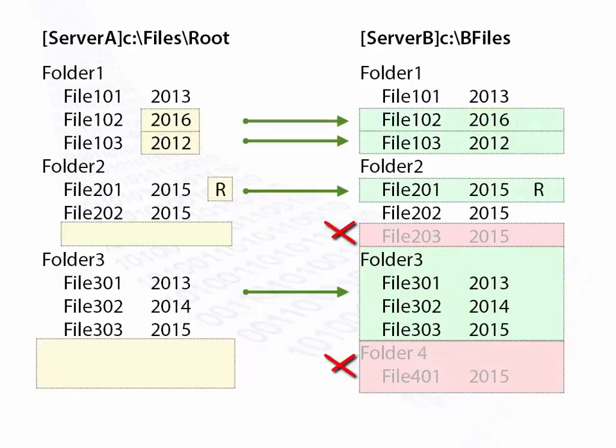If a file is missing on the source, in this case the server A files, it will be deleted from the destination. In the diagram, the items highlighted in green have been copied to a destination. The items highlighted in red have been deleted from a destination.